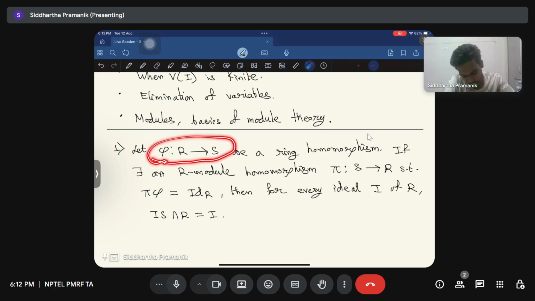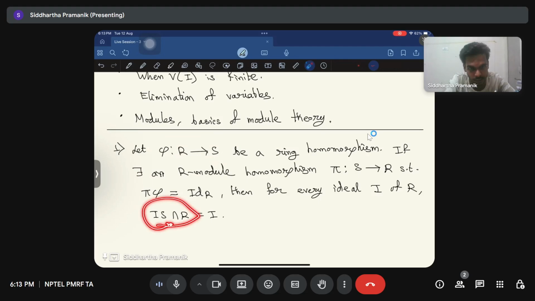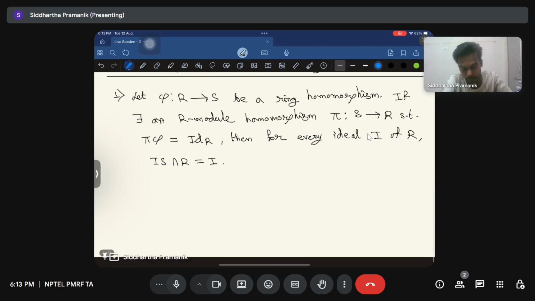We are saying we have an R module homomorphism from S to R, such that the composition is the identity on R. Then the contraction of the extension of any ideal will be equal to the original ideal. Okay, so let's see a proof for this.